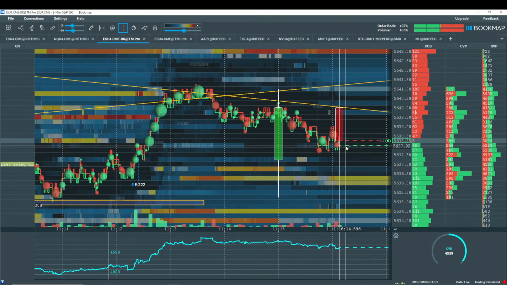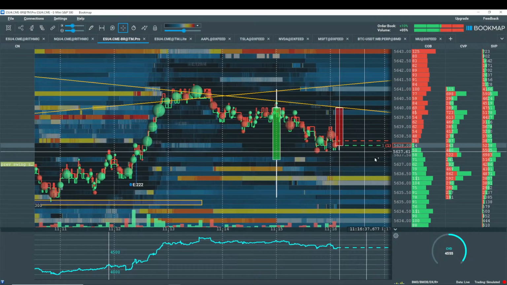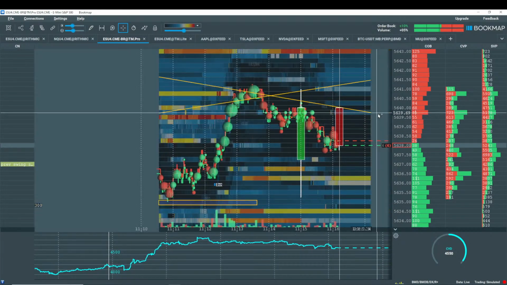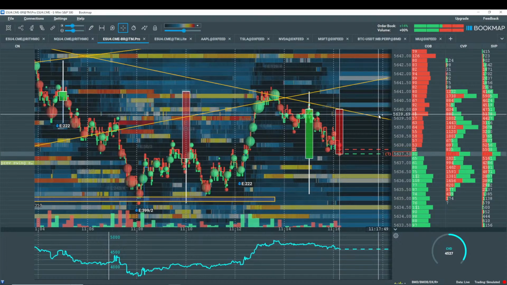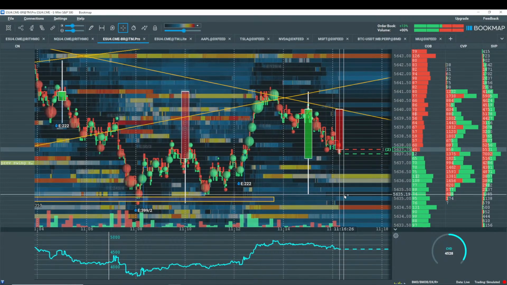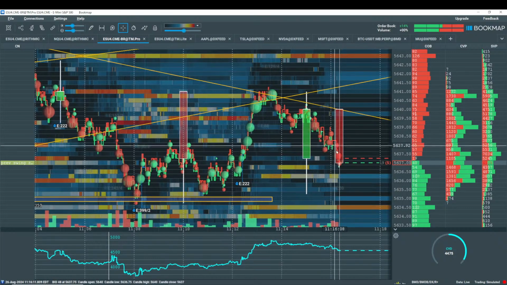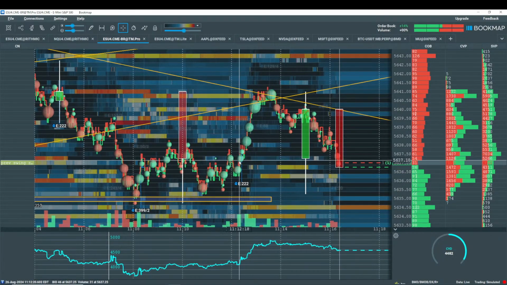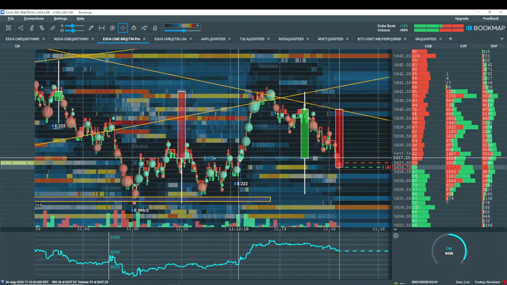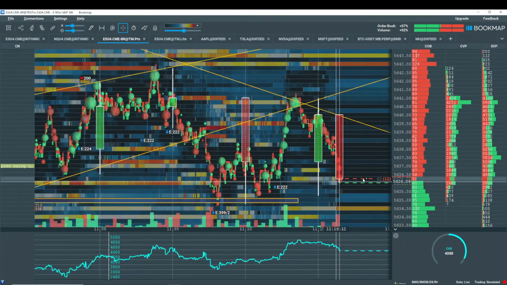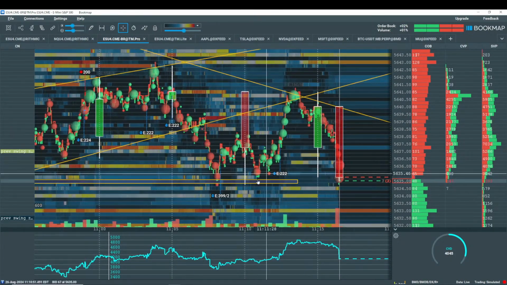But again, we're still seeing more sellers here. There they go. Okay, now we're looking for an acceleration on the sell side through where these buyers came in, and heavy selling. Okay, there we go. That's what we're looking for.